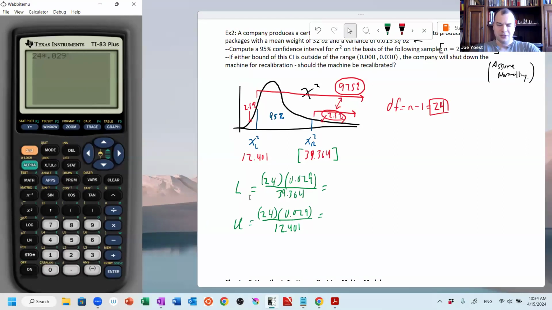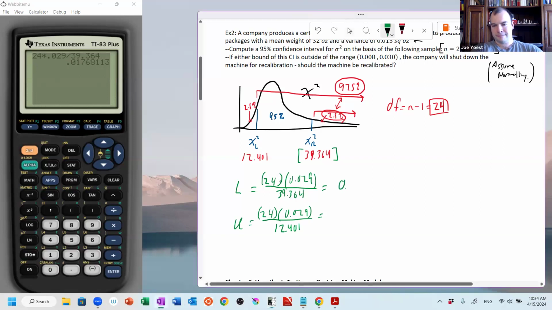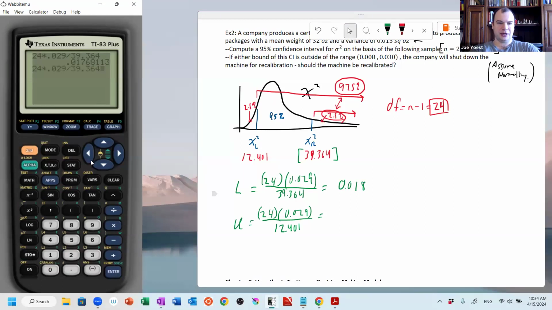All right, so for our lower bound, we have 24 times 0.029 over 39.364. And that gives me, let's say, 0.018. And my upper bound, the same thing, but with a different chi-squared number. 12.401 in the denominator.